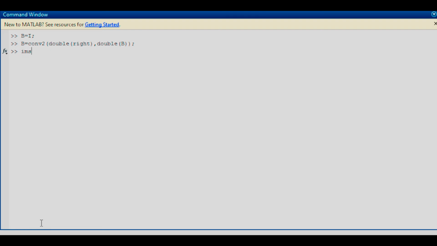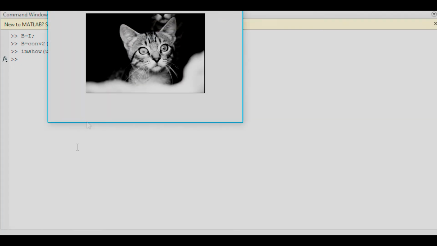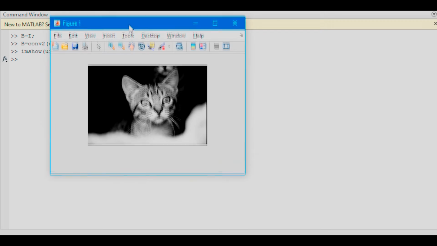So I'm going to convert the image into the normal grayscale version that we know, unsigned integer 8 as they call it in MATLAB. And voila, here's our image, moved a pixel to the right.